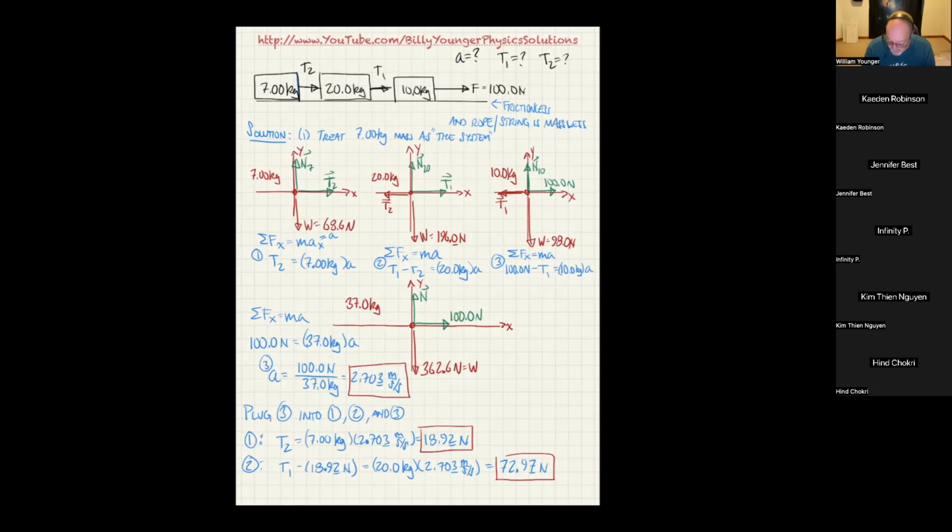So you can see T1 is responsible for that and the other one. Okay. So now that you see that, you can see also that with equation 3, we can just use that as a check.